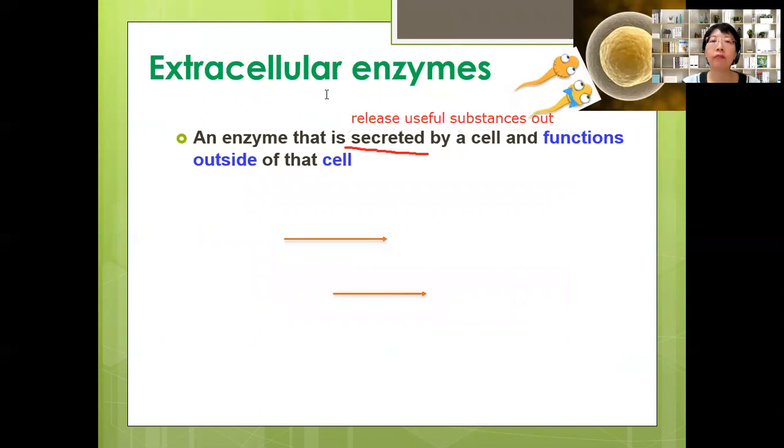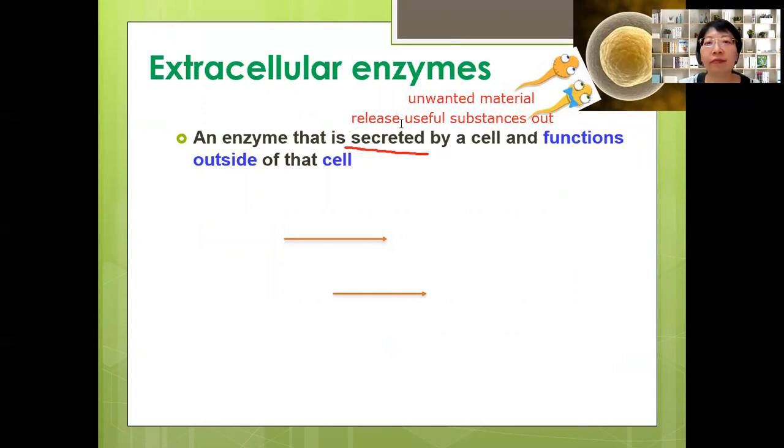It's called secretion. Okay. Now there's another term to describe when the cell releases unwanted material out of the cell. So when the cell releases unwanted material, we do not say secrete already. What is the term that we use when we describe the cell releasing unwanted material out of the cell?